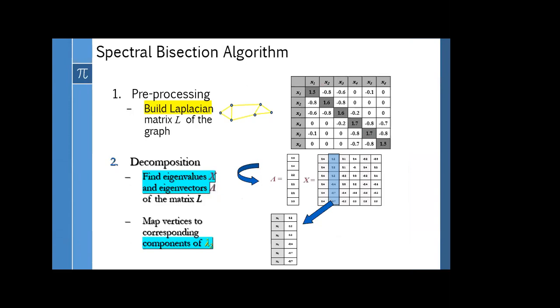Now, concluding this story: pre-processing. First, please build a Laplacian matrix. You can just construct a Laplacian matrix without normalization. If you have a big matrix, use normalization because you would gain so much in terms of calculations. Calculate the singular vectors and singular values of the table.